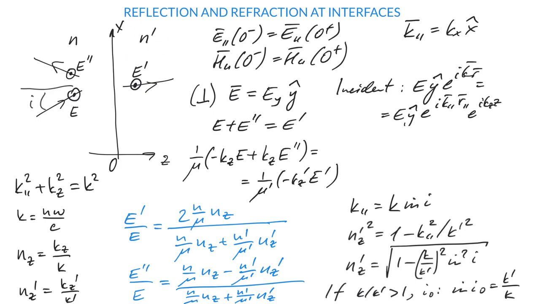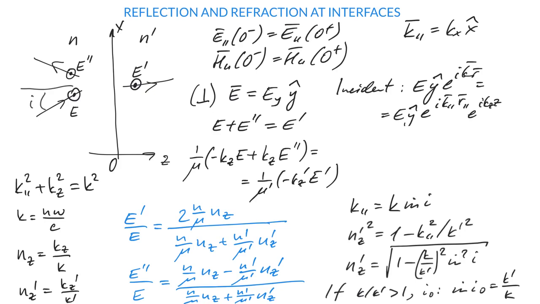This is called total internal reflection, but the equations that we have derived for the field amplitudes is still valid. So you'll have E double prime and E prime expressed through the same formulas. The difference will be that nz here is real, but nz prime is imaginary.